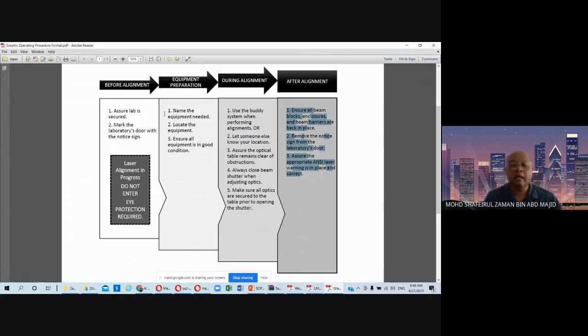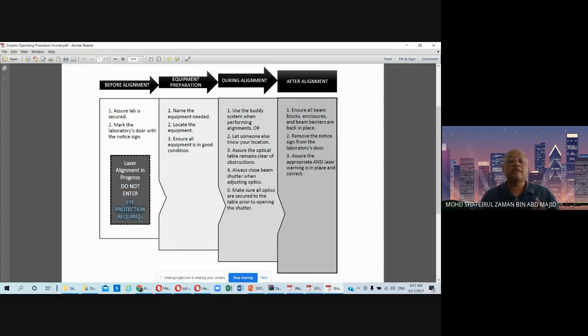And then what makes it different? If you can see here, mark the laboratory's door with the notice sign. So you need to put the picture or the image or the illustration of that particular procedure. In this context, mark the laboratory's door with the notice sign. So this is the notice sign: laser alignment in progress, do not enter, eye protection required.